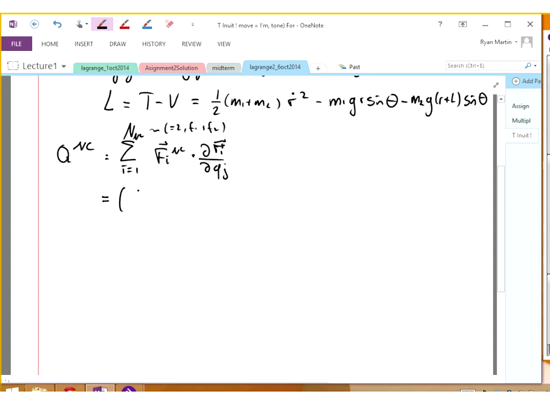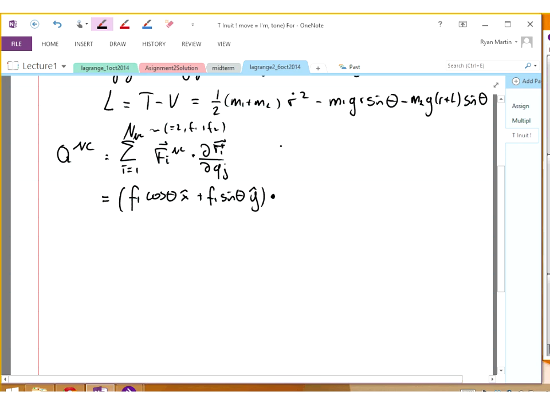So let's write the F1 force. So that's F1, its x component is F1 cos theta, x hat. And then it acts in the positive y direction, so it's plus F1 sine theta y hat.